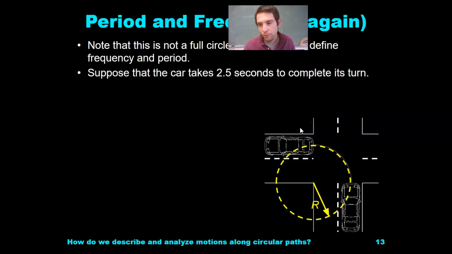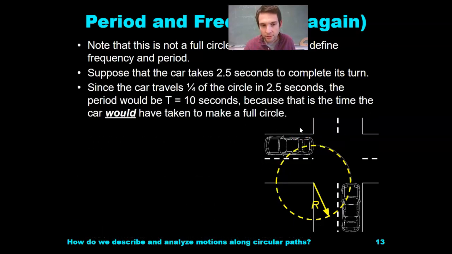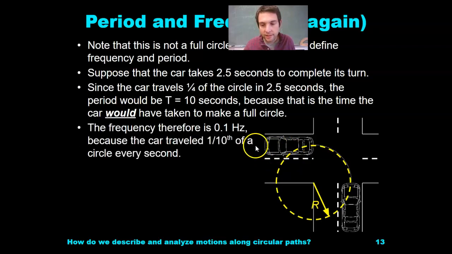If the car takes 2.5 seconds to complete its turn, because the car travels only a quarter of the circle in 2.5 seconds, the period would be 10 seconds, because there are 4 quarters in a full circle. So we would take that 2.5 seconds times 4. The frequency is therefore 0.1 hertz, because the car traveled 1/10 of a circle every second.